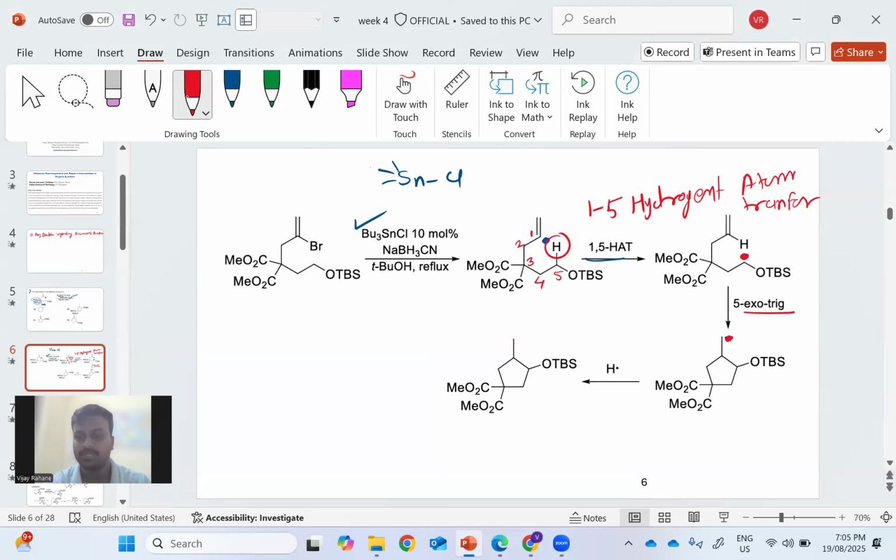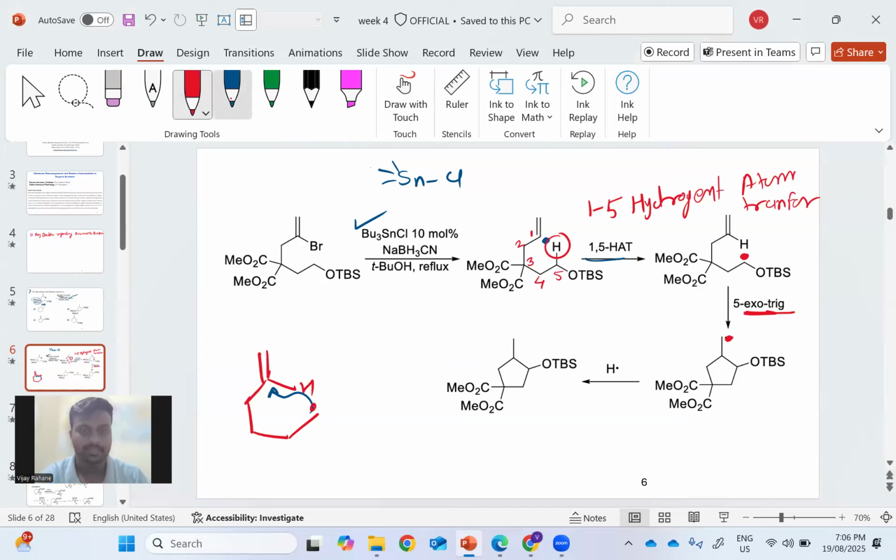Why 5-exo-trig? Exo means opening of the ring outside. Let me revise the concept by showing how endo and exo work. Here is the radical, and the bond formation takes place in this fashion. The radical attacks here, and this opens to the carbon atom. I'll draw it in a good way.